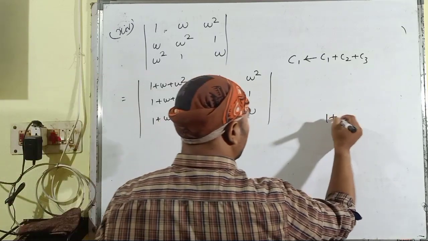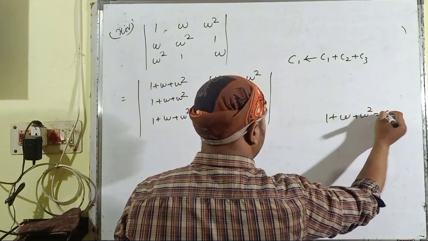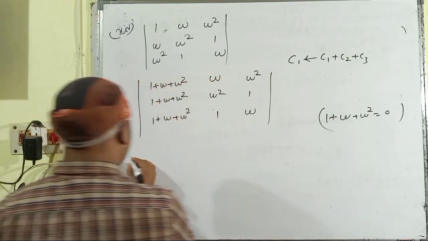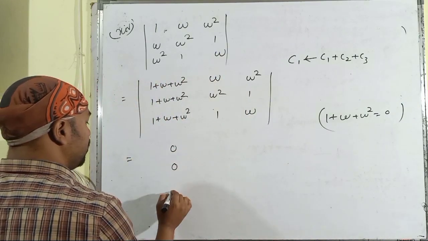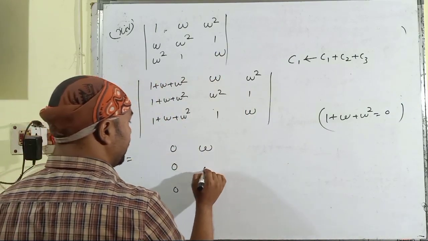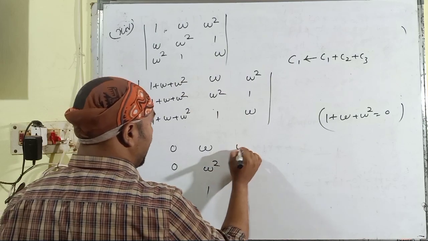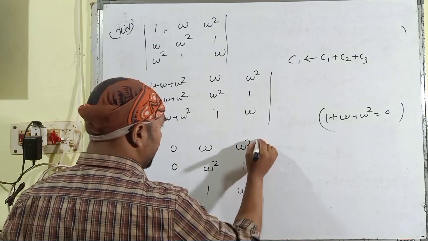Value of 1 plus omega plus omega square, we know that it is equal to 0. By putting these values here, 0, 0, 0, then we are getting omega square, 1 and omega square, 1, omega.